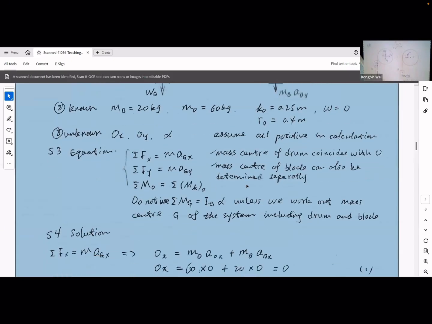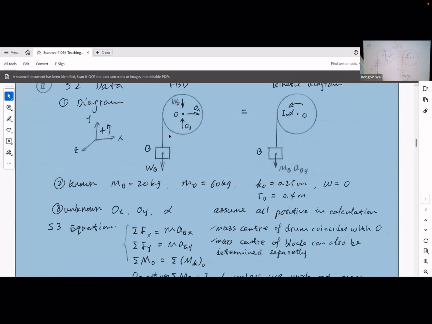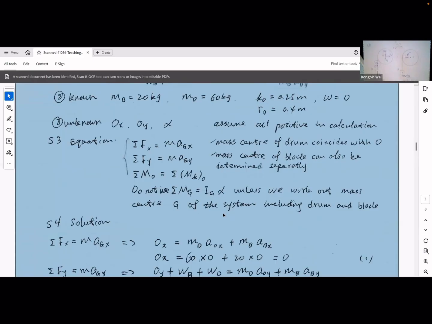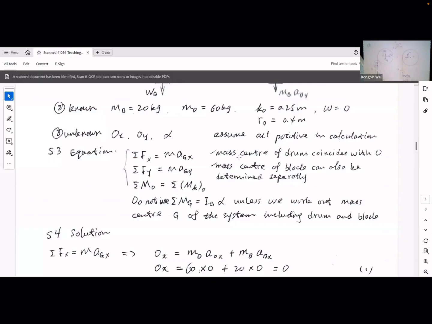But when we do our calculation, because we actually don't know the location of the G for this system consisting of the drum and the block, in our following calculation for AGX, we will use the acceleration at the mass center point of the drum and also the mass center point of the block for our calculation. Okay. Then just simply add up.